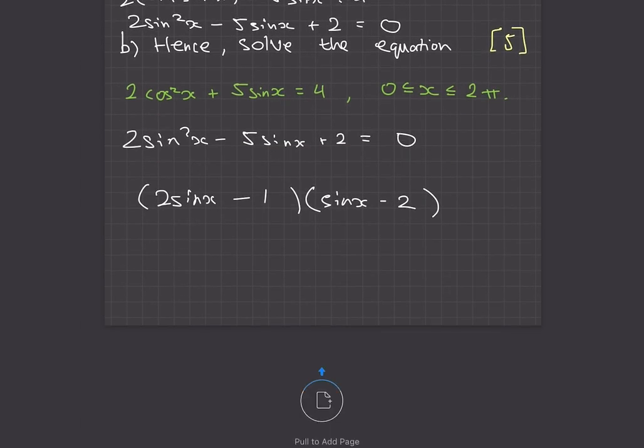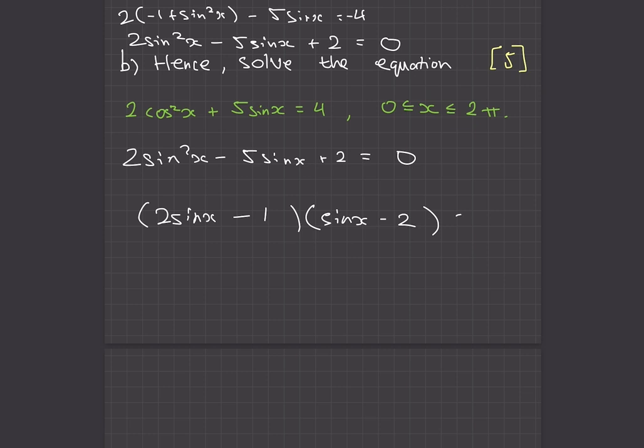Now we have to solve this being equal to 0, so we solve each of the individual brackets being equal to 0. Either 2 sine x minus 1 equals 0, or sine x minus 2 equals 0, because if either factor is 0, then the entire equation is 0. So this one becomes sine x equals 1/2, and this becomes sine x equals 2.